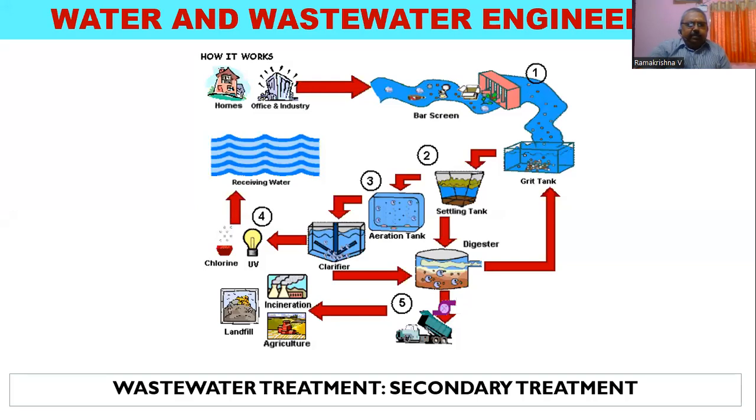So welcome back. We are talking about wastewater treatment, under which we are discussing the secondary treatment aspects. The primary treatment is mainly intended to remove the coarser inorganic particles and a small portion of organic solids.